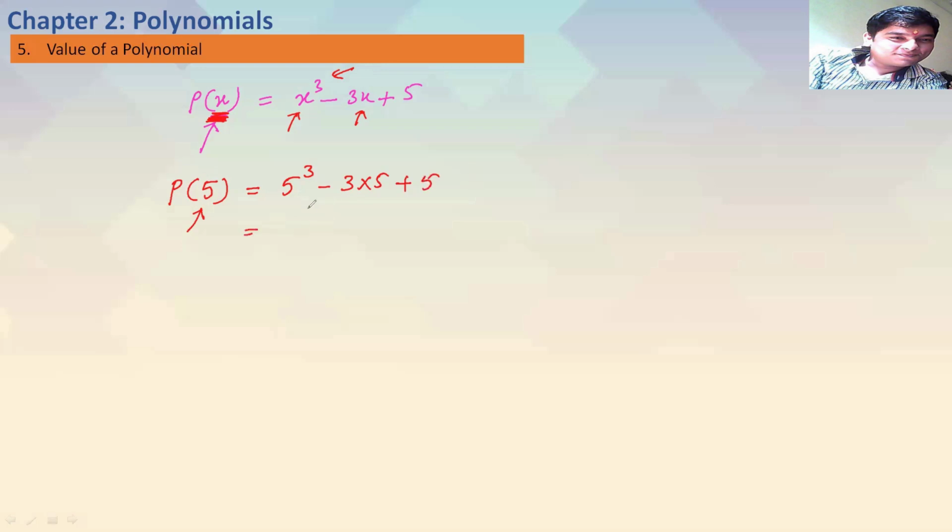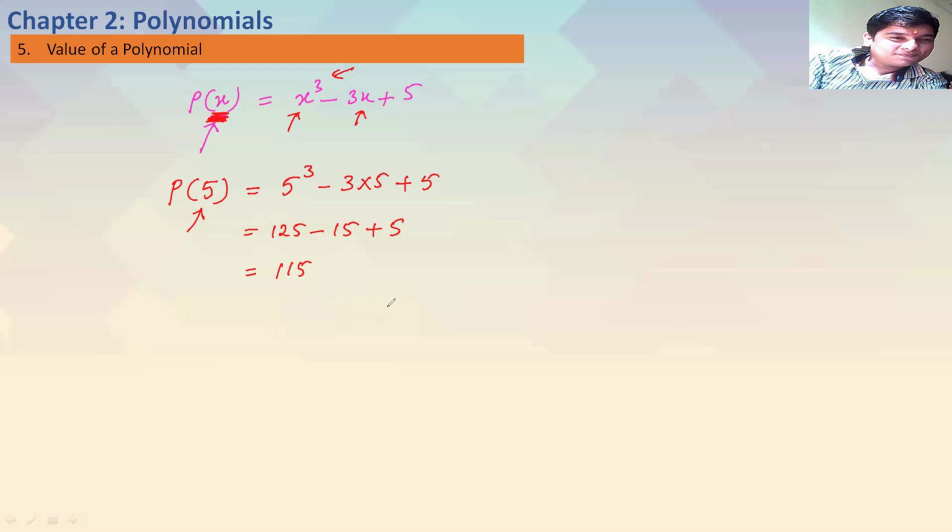So what is the machine going to give you? 5 cubed is 125. 125 minus 15 is 110. 110 plus 5.